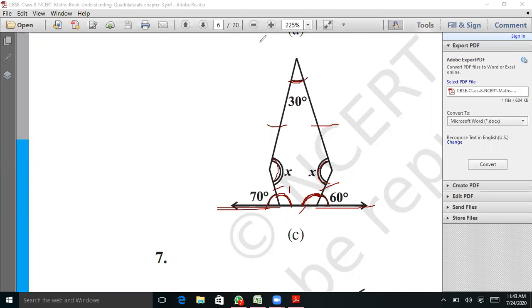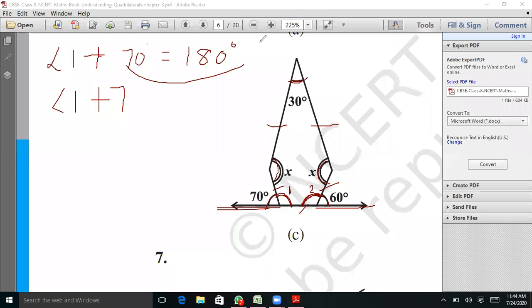So this is angle 1 and this is angle 2. Angle 1 plus 70 degrees is equal to 180 degrees.